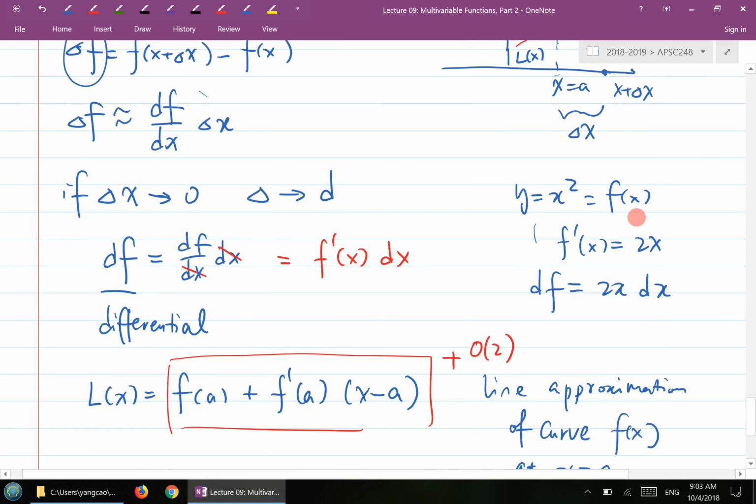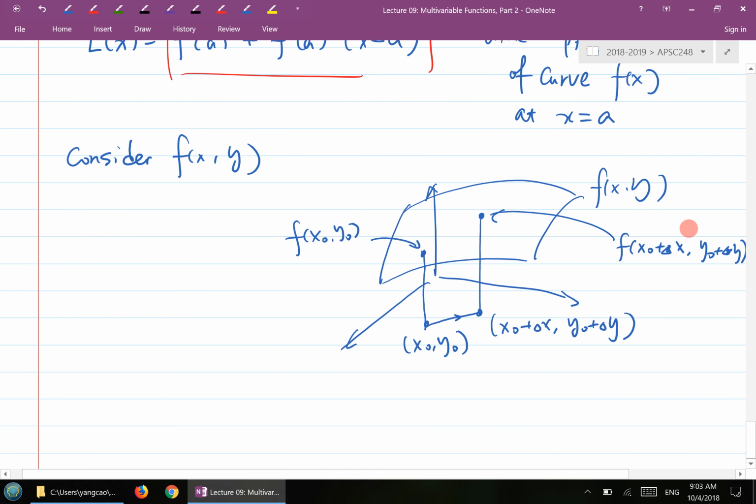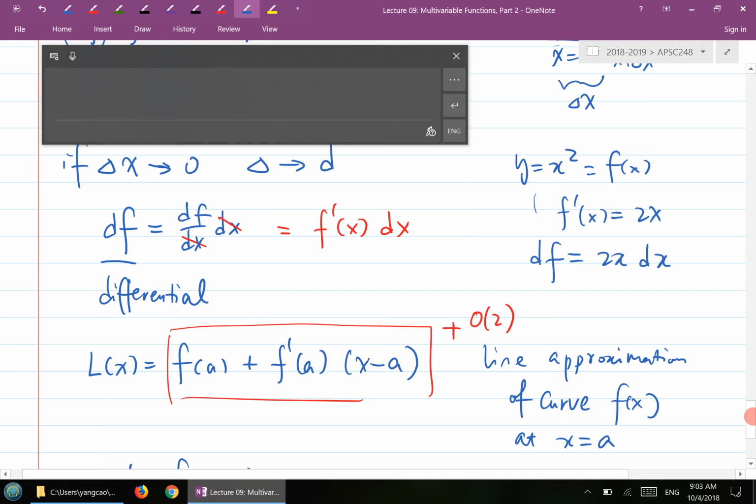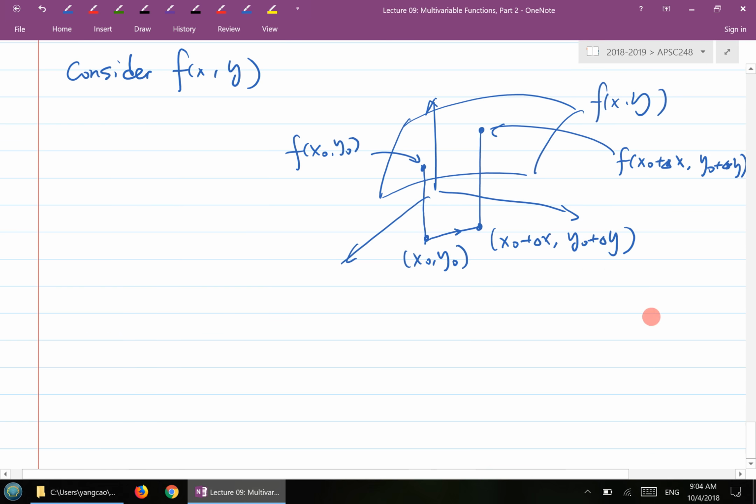So how about this surface then? From here to here, can I use a similar analogy? If it's a curve in the xy plane, I can use a straight line to approximate the change of the function f. Then in 3D for a surface, instead of using a straight line to approximate the change, what can I use?